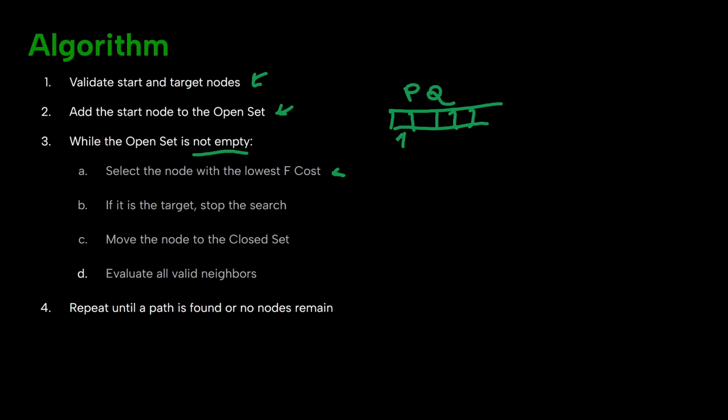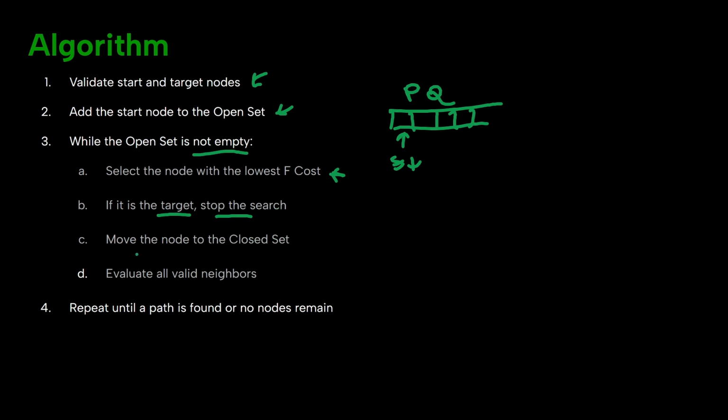So the highest priority is given to the lowest F value, and we pick the lowest value from that priority queue first. Then we check whether that popped cell is the target. If it is the target, then we have already reached the location, so we can stop the search. Otherwise, we have to continue pathfinding.